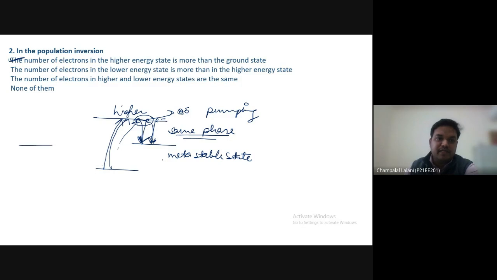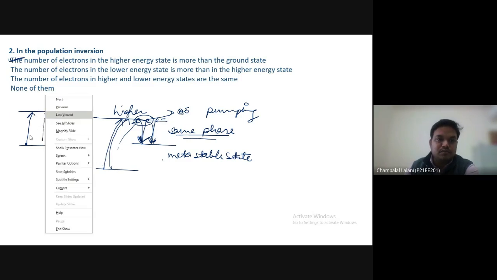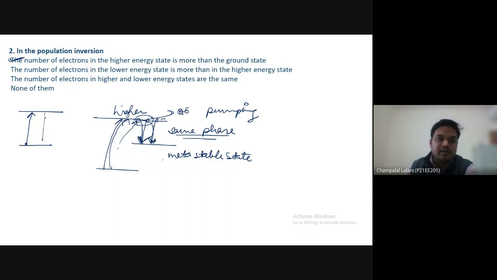Whereas in LED, what happens? The electrons go from lower to higher energy state and come from higher to lower energy state spontaneously. Whereas in laser, we have 3 or 4 states, and optical pumping is there by supplying electrical energy to the device.